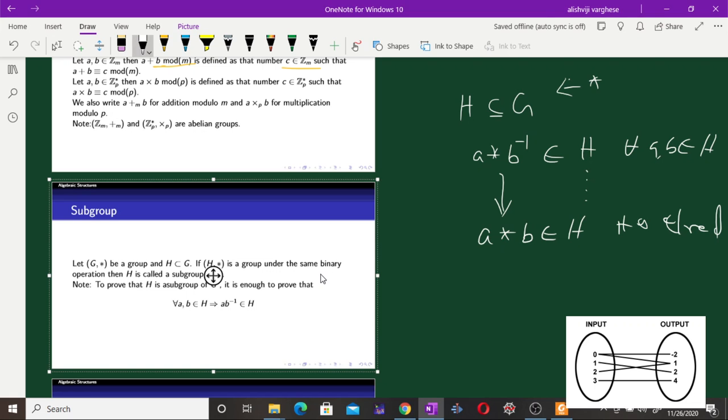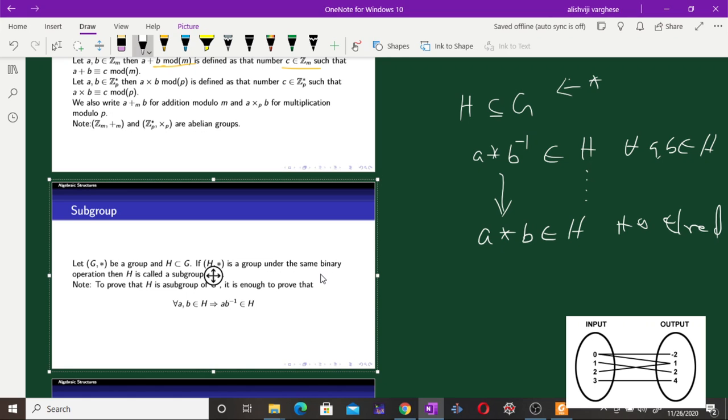But the problem is whether the inverse belongs to H. Anyhow, there is an element a star b inverse in G, and our problem is to check whether it belongs to the subset H for all a and b. Now that's the concept of subgroup.